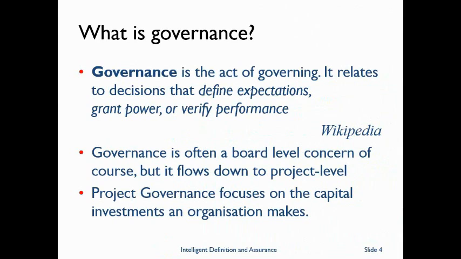But I think that project governance focuses on the capital investments an organization makes. Now, that phrase sounds rather kind of economic or accountant speak, but in effect, a project is an investment of time and effort and resources in order to achieve some business goal. It's an investment. So governance is about assessing whether the investment is being properly managed.